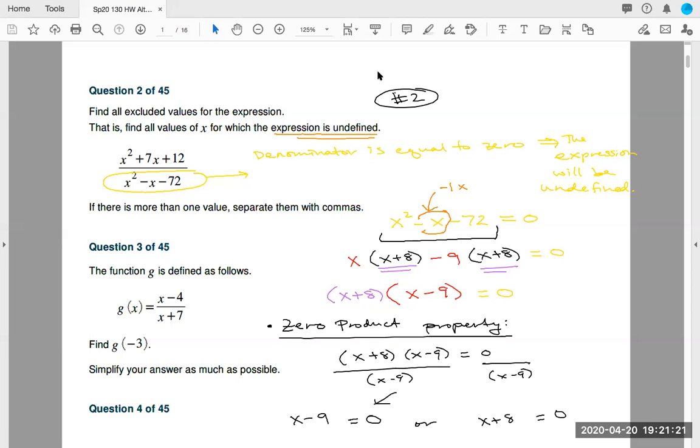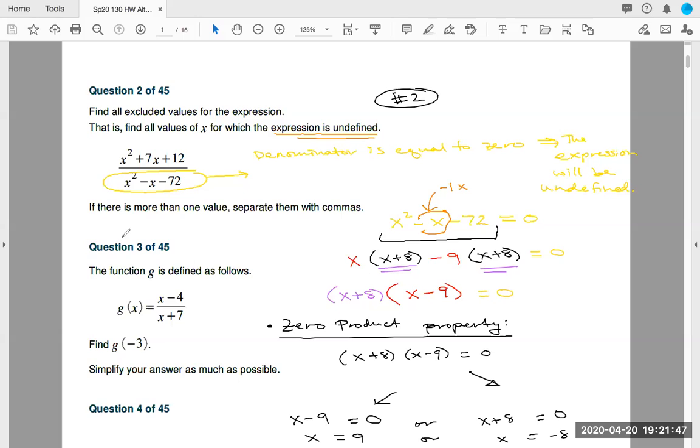Okay. So essentially, what you're doing for the zero product property, you're just setting each of these individual factors equal to 0 and solving for x. So first bit, x equals 9, or second bit, x equals -8.